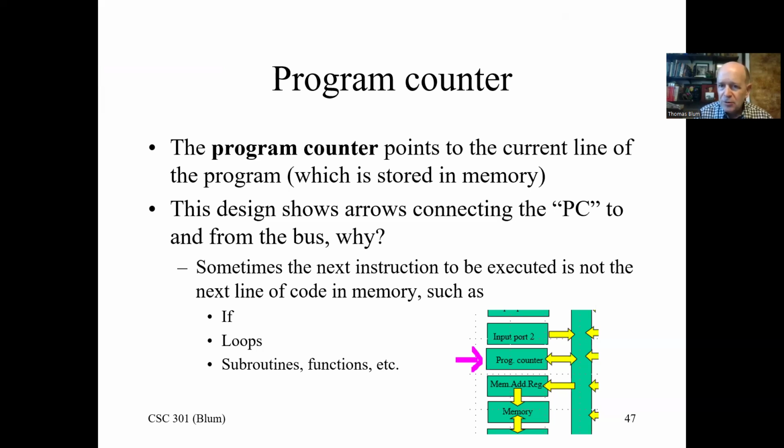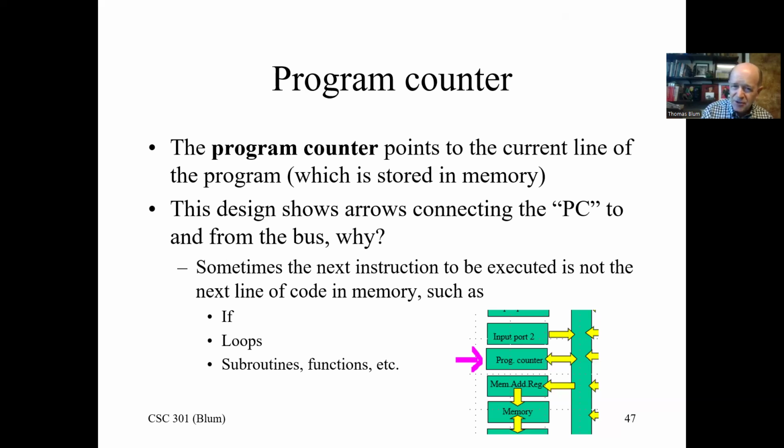So we will start an instruction and we'll not need to know what instruction we're doing. But as we're executing that instruction, we're going to have to find the data it's talking about and move to other places in memory. And then it will come time to do the next instruction. And we need to know what the next instruction is. And that's the job of the program counter.